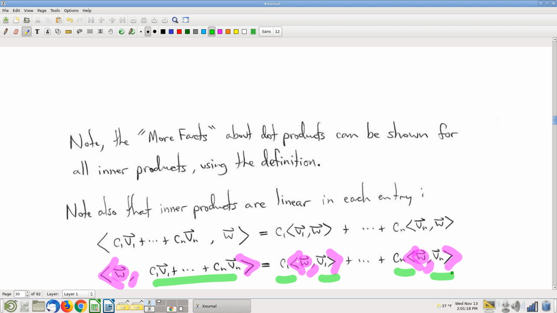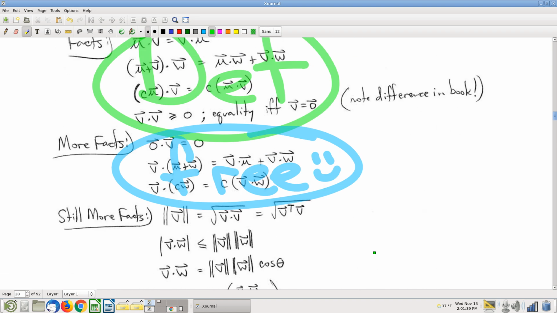So that's linearity in the right entry. How we doing? Questions? Everybody happy? You might call this a super distributivity or something. Kind of. Okay. Alrighty.